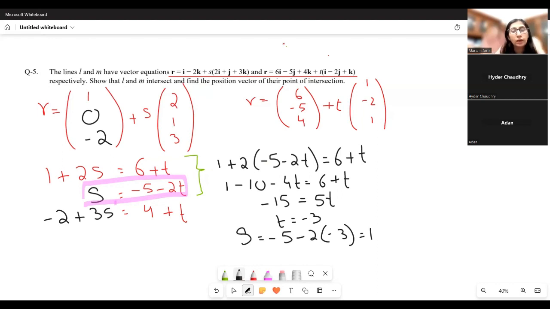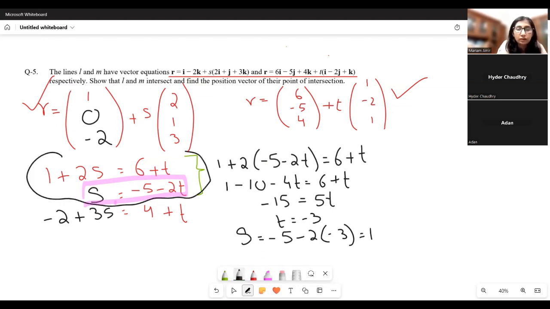So now what I'll do, I'll substitute the value of t and the value of s here and here. And if we get exactly the same three coordinates on both sides, that means that is the point of intersection. And if even one of the coordinates is not equal, which is going to be the third one, by the way, the third one is decisive, because you used s and t from these two equations and you got an s and t, then you have to check whether that s and t satisfies the third equation or not.